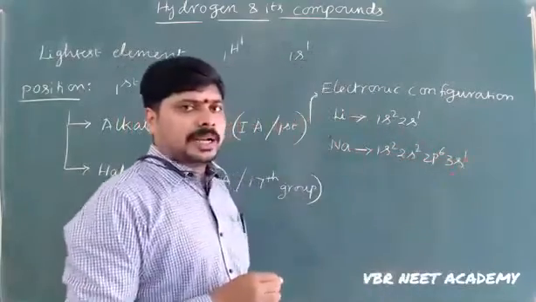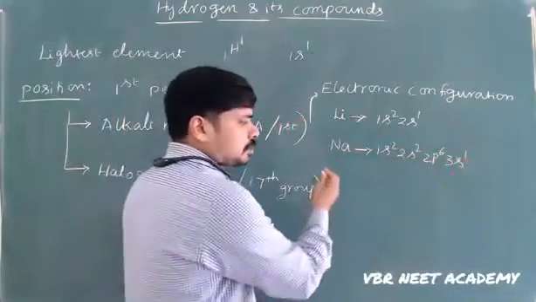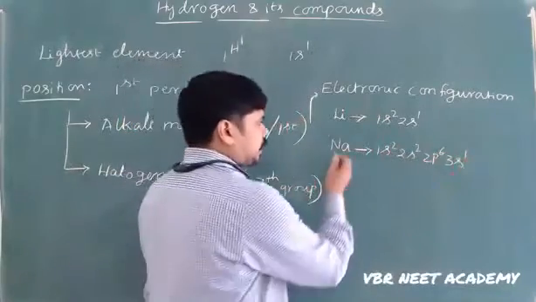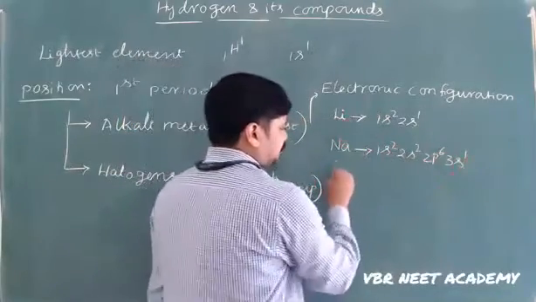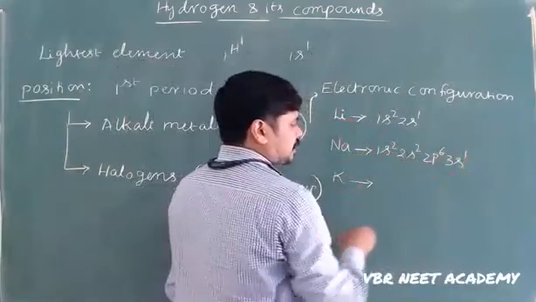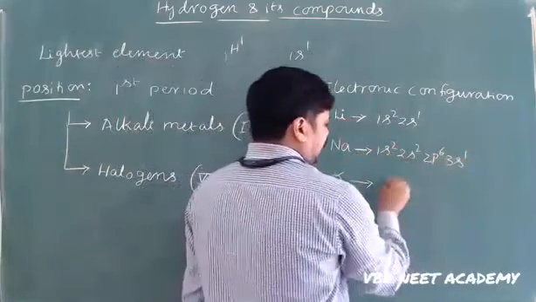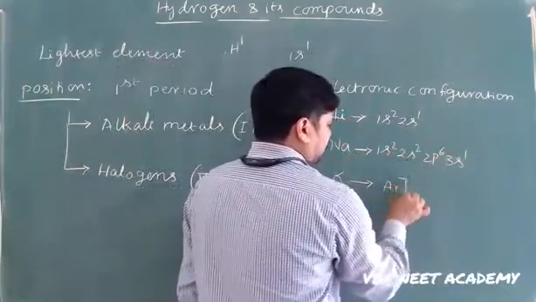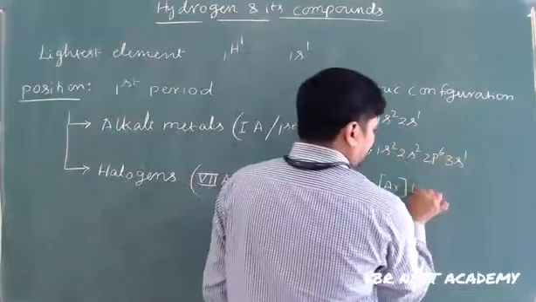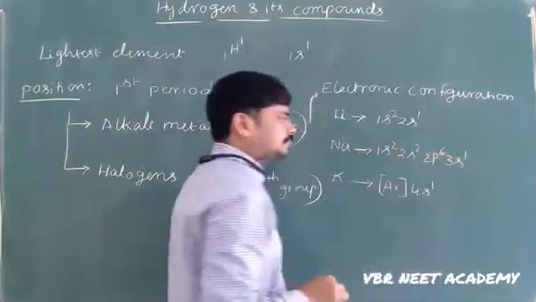So that is the electronic configuration of your sodium. Next one is potassium. If I take potassium, instead of writing it all, I take the argon core, and it is going to have 4s1.